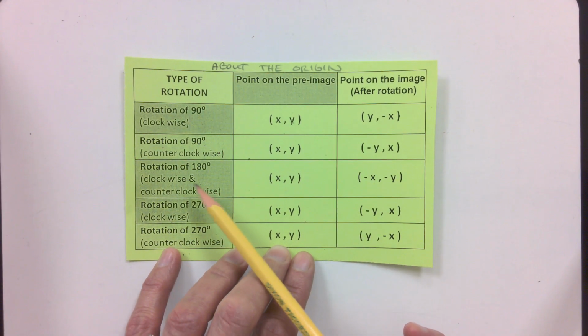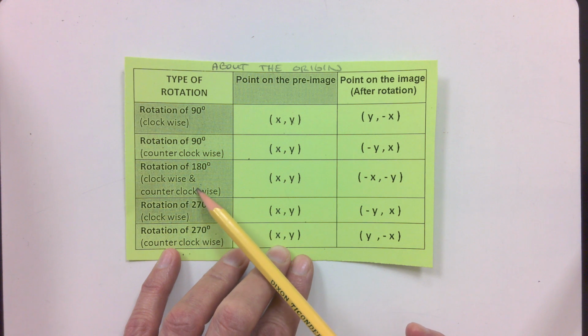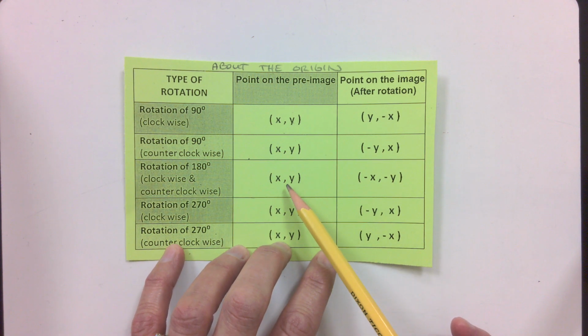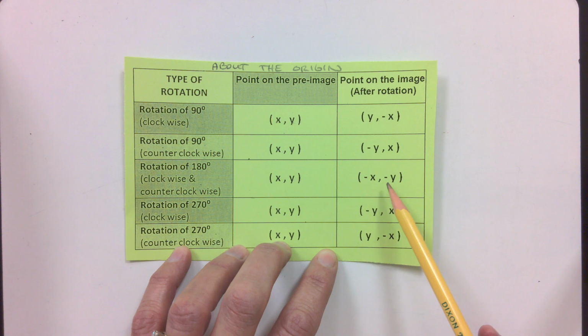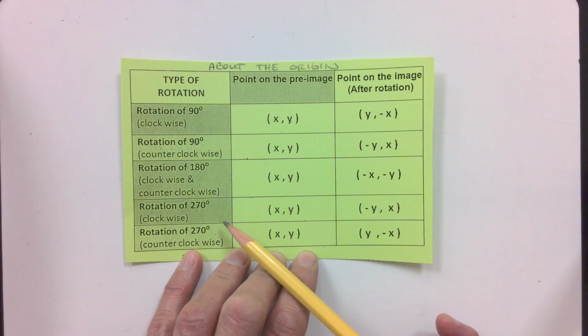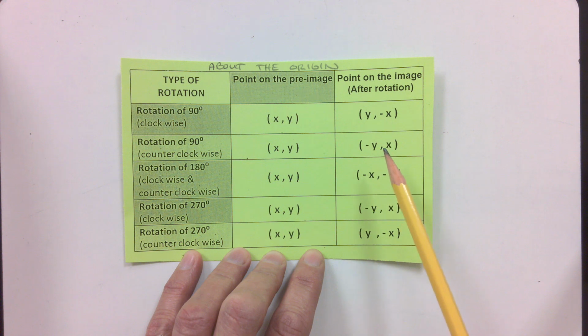Now right here, rotation of 180 degrees, it doesn't matter which way you go, you'll end up in the same spot. Again, you'll start with your original coordinate, but these don't flip-flop. They only become opposite signs of what they were. Now you'll notice the rotations of 270 are very similar to rotation of 90.